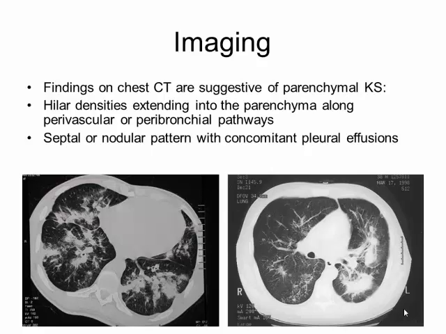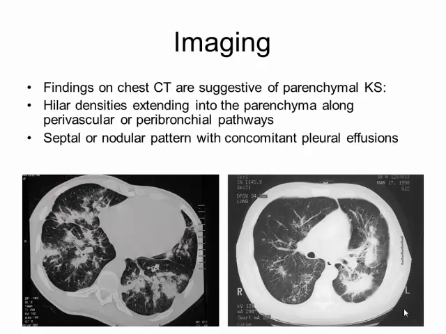You may see nodules going from the parenchyma towards the hilum, masses or nodular densities, or discrete nodules. It sounds a bit like sarcoidosis, following the bronchovascular bundles. There could be pleural effusions, but of course you have to do the BAL and rule out infection.